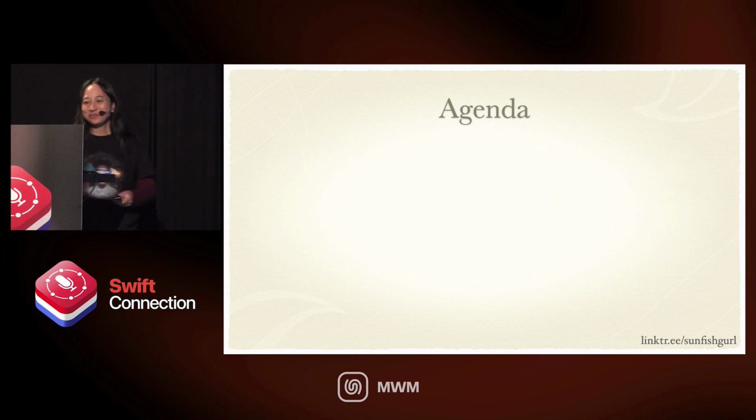All right, so what we're going to cover today is I'm going to introduce the problem and give you a short introduction to myself. I'm going to demo the solution, and I'm going to talk about how I set up my Swift package and project.